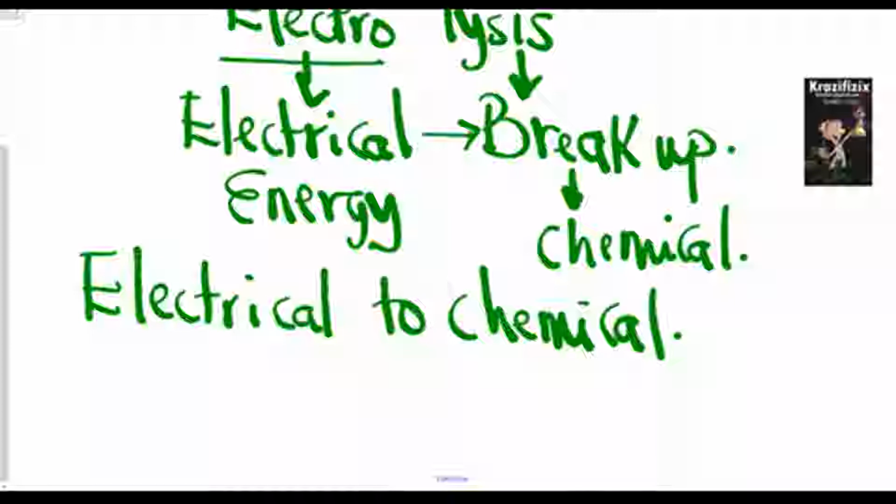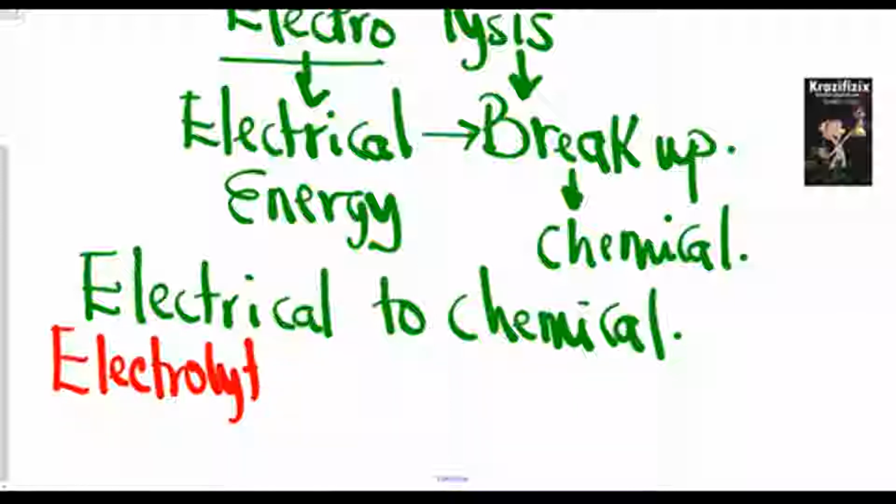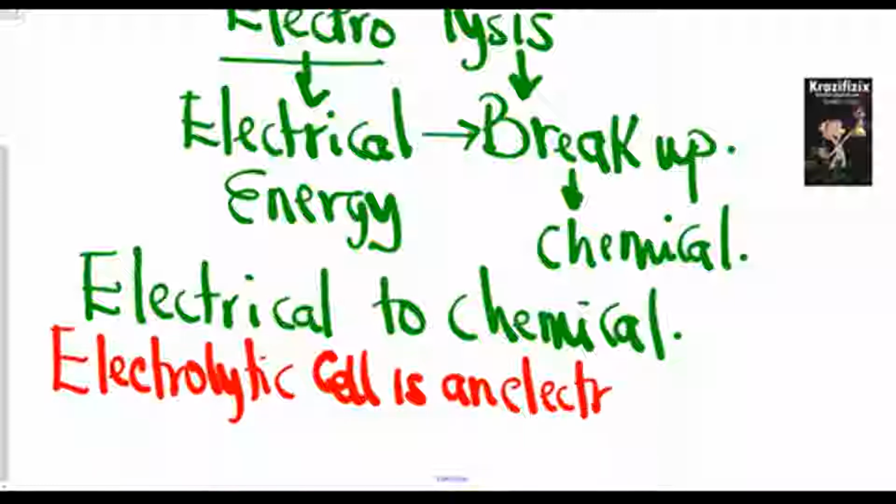So an electrolytic cell, therefore, is an electrochemical cell. Remember, we said electrochemical cells are devices.